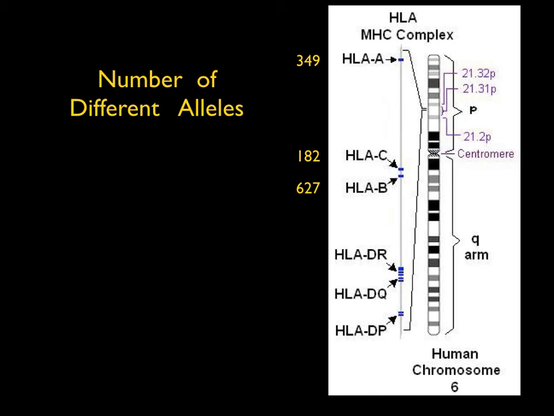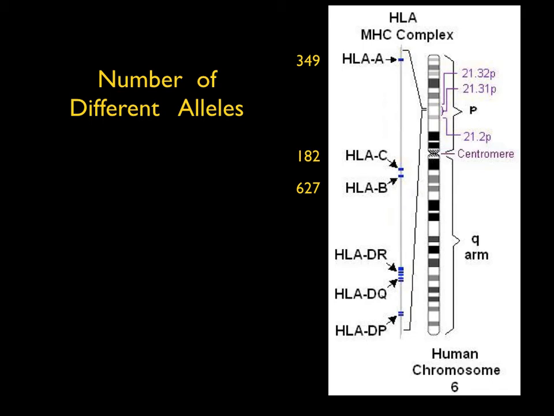And letter B says, with so many different possible alleles at each locus, each person has a different overall HLA type called a blank. The answer there is haplotype.